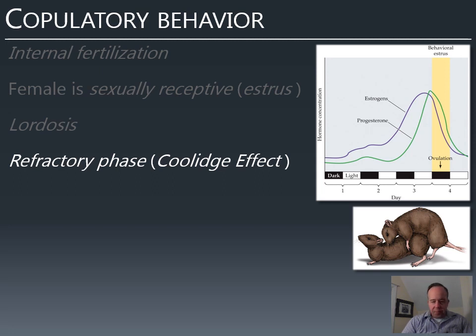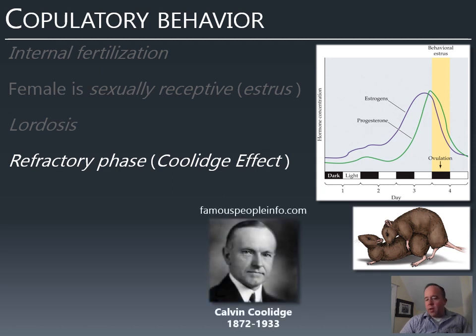It's a bit hazier. In case you're wondering why it's called the Coolidge effect, your book doesn't mention this. Older versions of your book mentioned this part, so I'll mention it here. It's named after former President Calvin Coolidge, who seems like an unlikely candidate to have a sexual behavior named after him.